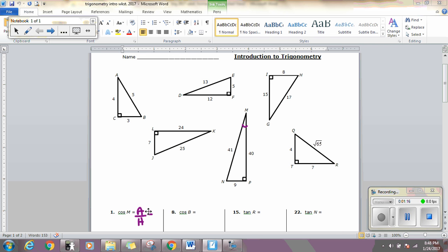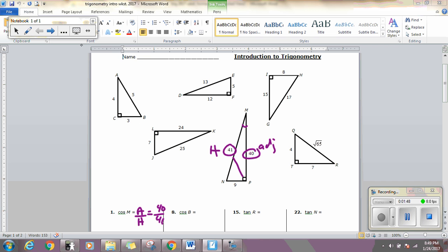So that means the side that is next to m is this side here, 40. That's your adjacent. And then the side that is the hypotenuse is always across from the right angle. So that means this is your hypotenuse. So my ratio for number 1 would simply just be 40 over 41.